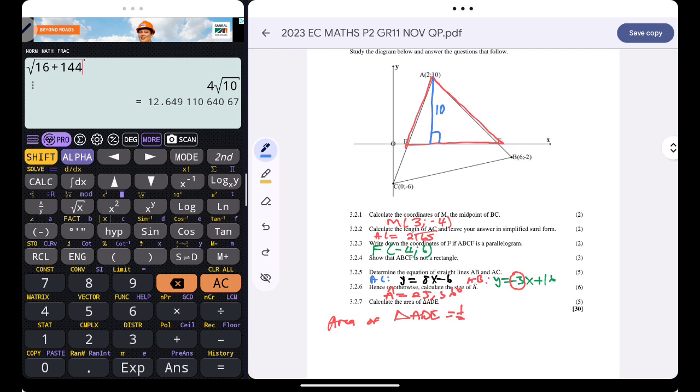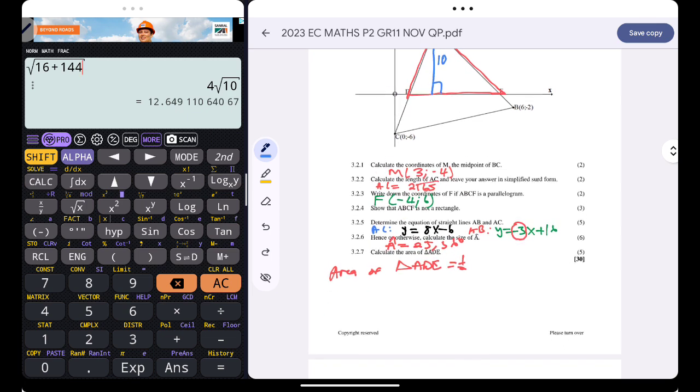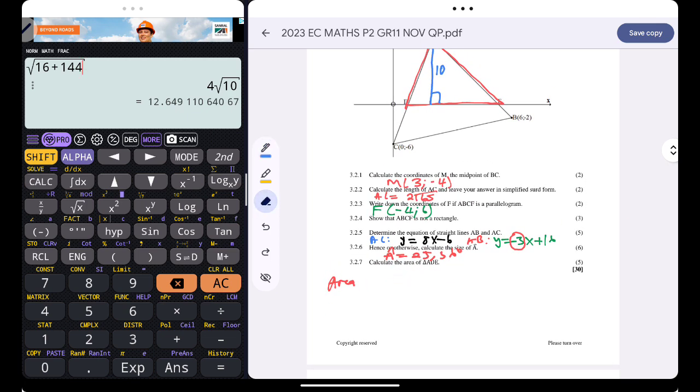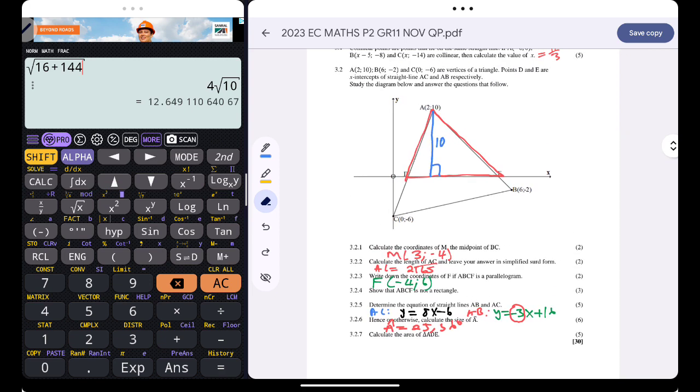D is the x-intercept of line AC, E is the x-intercept of line AB. So how can I find my x-intercepts? Let me deal with AC first. The equation of AC, I know that y is equal to 8x minus 6, right?